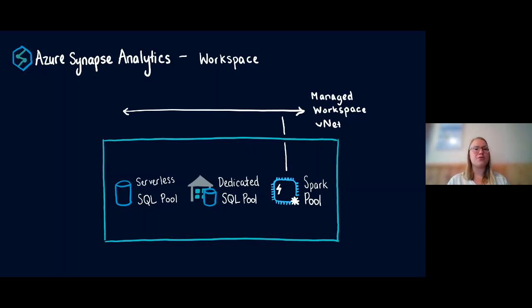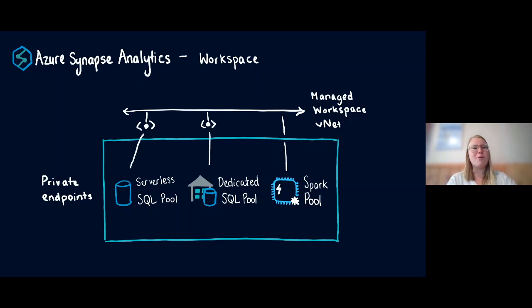When we create a managed workspace VNet, the Spark pool side gets linked to it directly. But because the serverless SQL pool and the dedicated SQL pool run on the multi-tenant platform side, they need to be linked to that managed workspace VNet explicitly. So you need to do a linking, and managed private endpoints are what will be used for that. If you've worked with Azure PaaS services before, you might have used private endpoints with your own virtual networks. Here it is very similar. These are just managed private endpoints, which means they get linked to that managed workspace VNet itself.